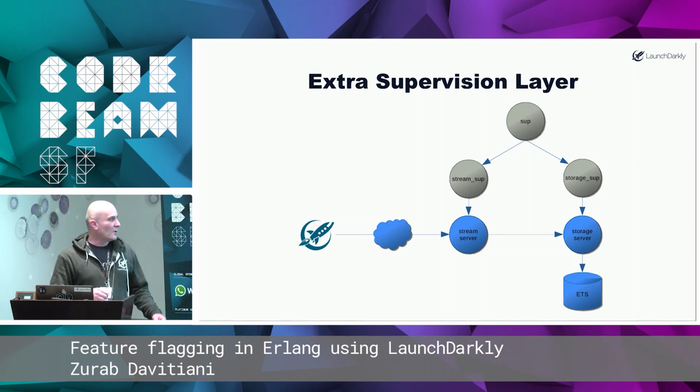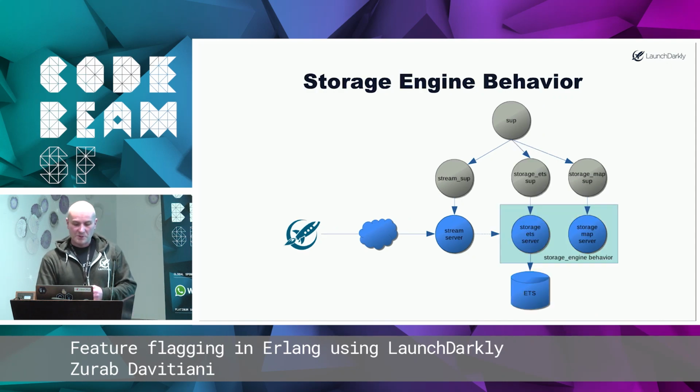But we also want the storage layer to be modular, so we can add custom storage behavior. So now we're not relying solely on ETS. We can have, for example, an in-process map as a way to store our flags and segments.